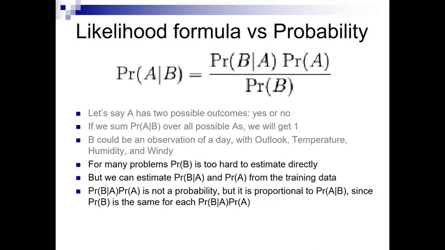So that means that it's not that hard to do the numerator, to multiply the probability of B given A times the probability of A.